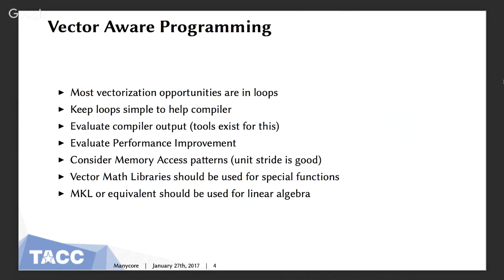You want to consider your memory access patterns. Unit stride is good, and I think I talk about that for a bit in a couple of slides here. And then, of course, take advantage of the math libraries that are vectorized and available for you. In particular, the Math Kernel Library is Intel's math library.